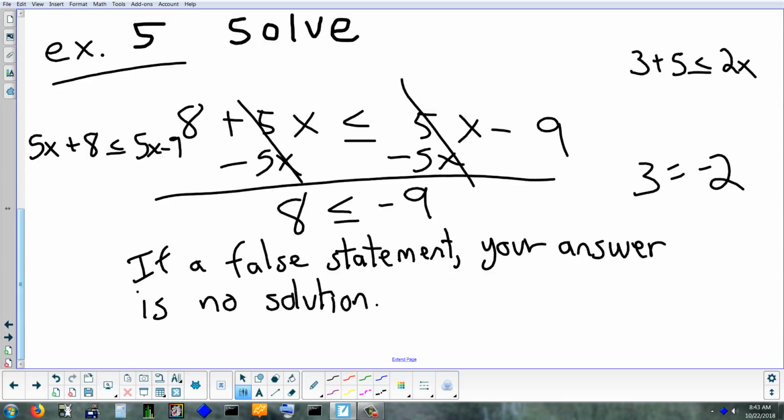Say if this was negative 10 is less than negative 9. That's a true statement. Your answer would be all real numbers, meaning you can plug in any number for x and it would make it a true statement every single time. But in this case, there'd be nothing that would work for x. That's why there's no solution. There could be a no solution on the test on Friday. So let's understand: if it's false, no solution; if true, all real numbers.